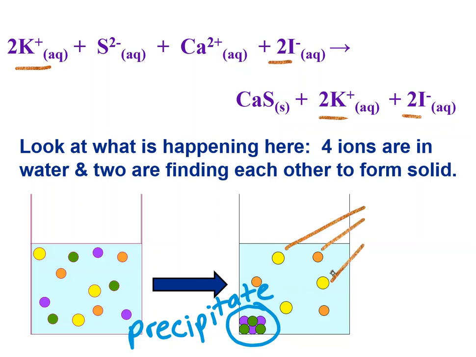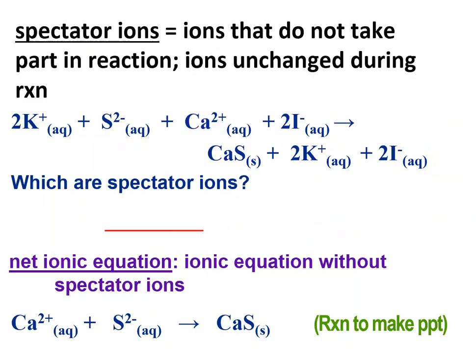So these ions are spectators, spectator ions. So they're not reacting. They're just sitting there and watching the reaction happen. The reaction is the calcium and sulfide coming together to make this solid.